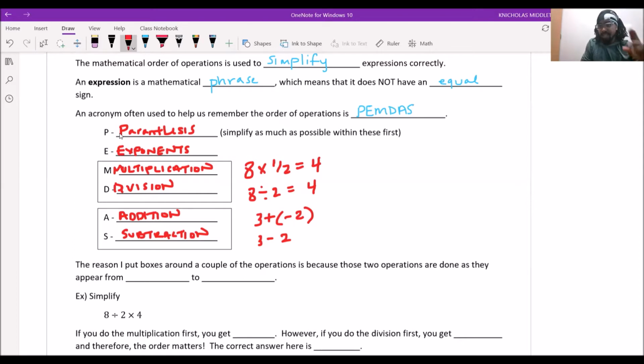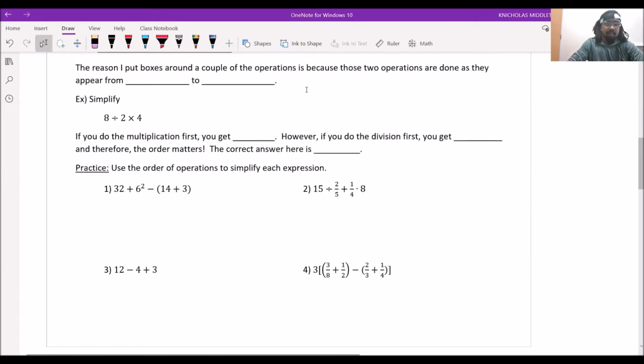I can write an addition problem using subtraction, or a subtraction problem using addition, just as I could write a multiplication problem and a division problem the same way. So that's why those boxes are there. Know that those two are linked because multiplication and division are really the same thing.